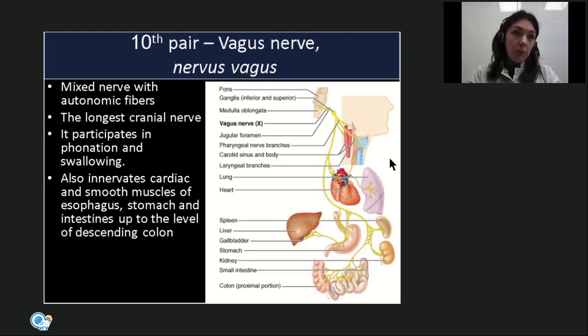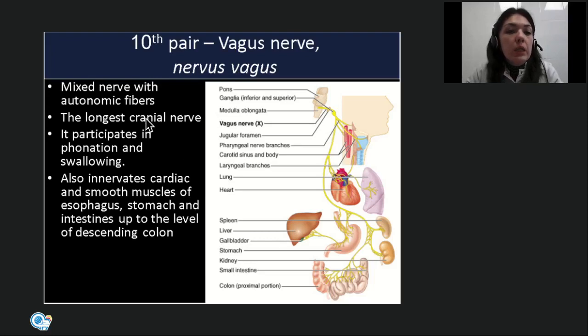For example, if we are talking about the digestive tract, it supplies the large intestine up to the distal 1/3 of the transverse colon. So that's why ancient scientists decided that it is like a lost nerve, the vagus nerve. It forgot that it is a cranial nerve and it shouldn't supply all of these structures.